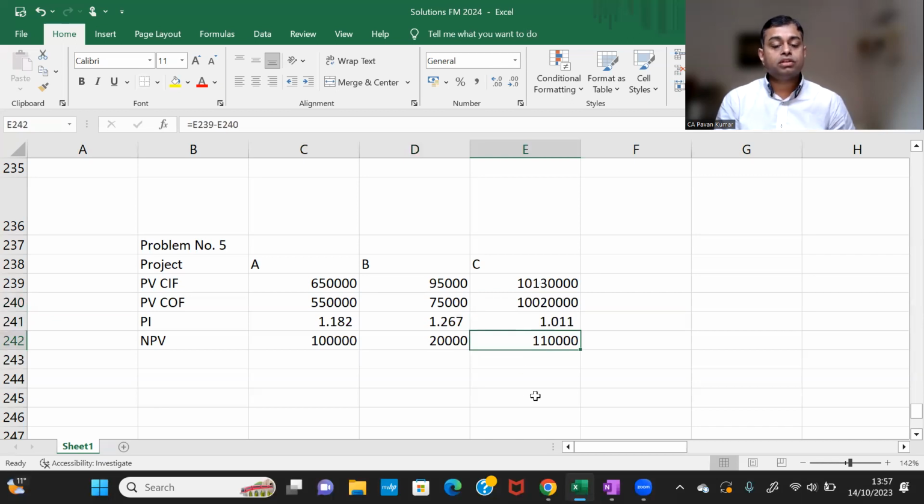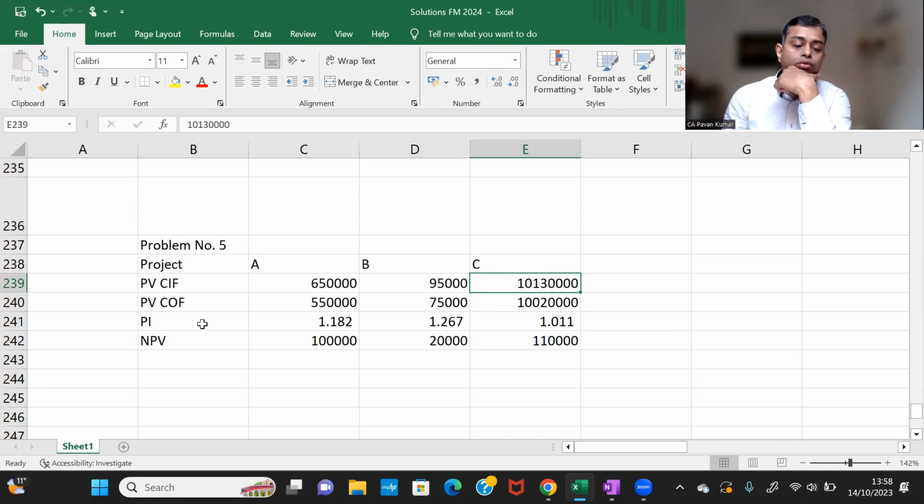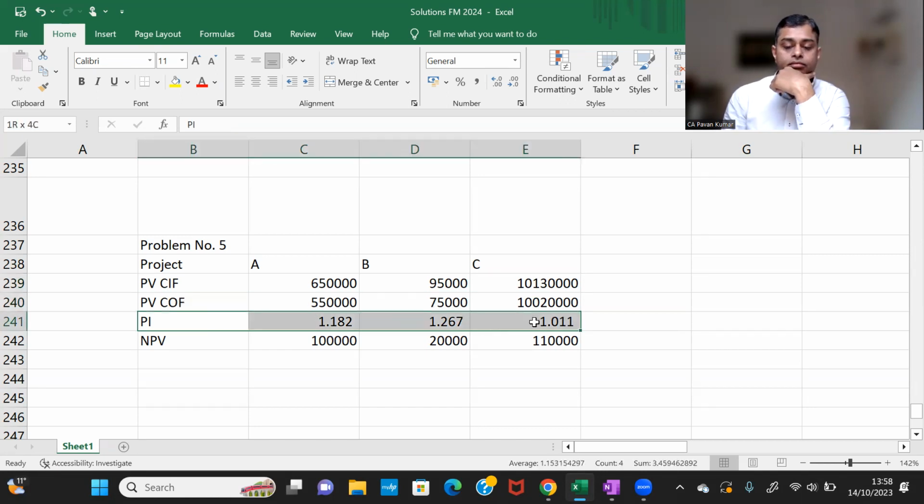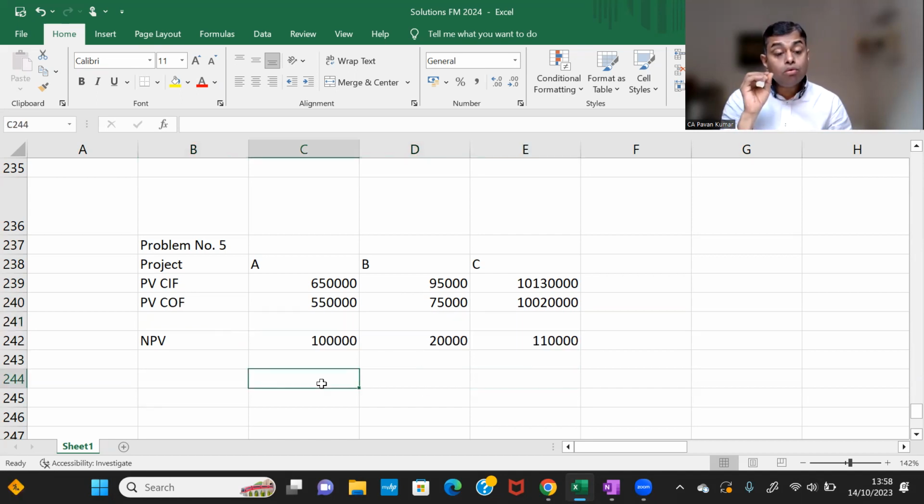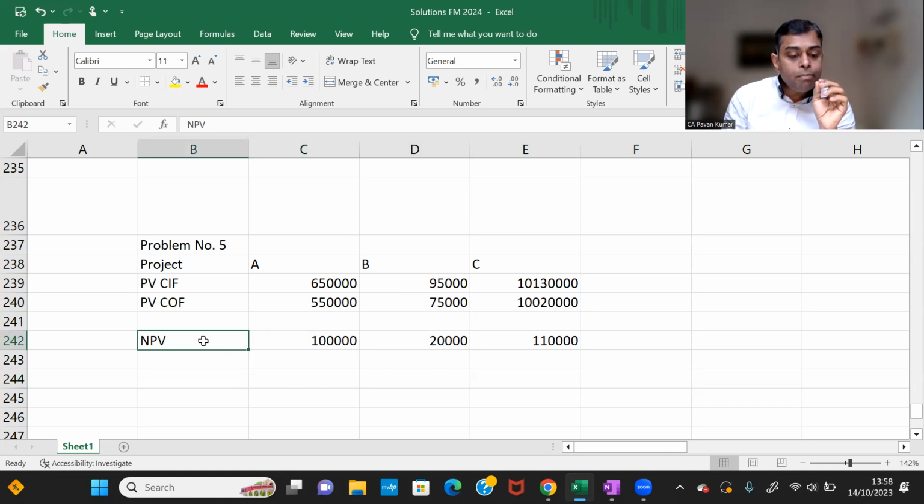I changed the number. ICAI could have done this. So now ignore PI. Imagine if you do not have PI here. Now tell me from NPV point of view, which project should be accepted?